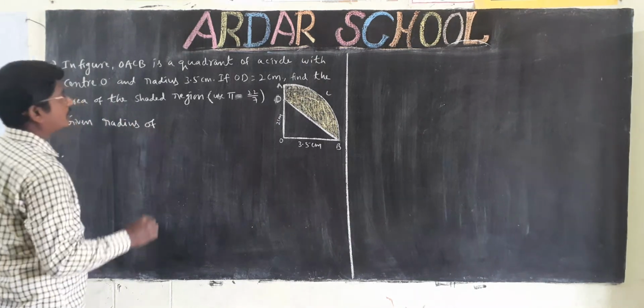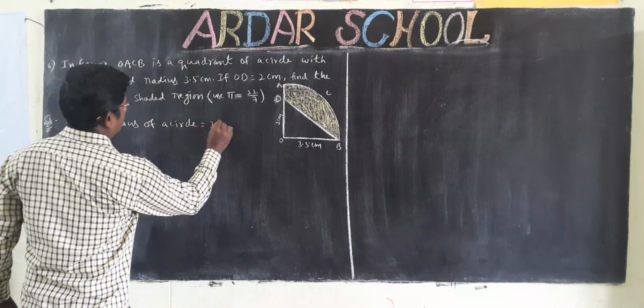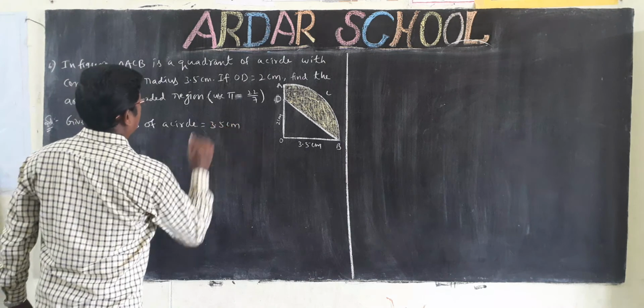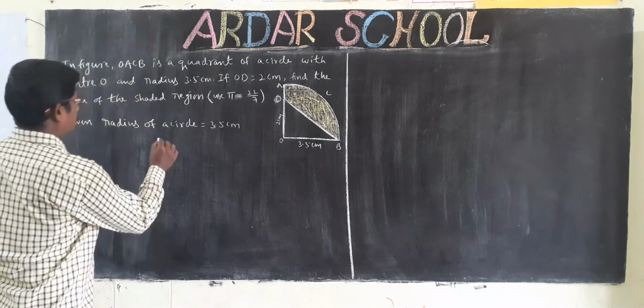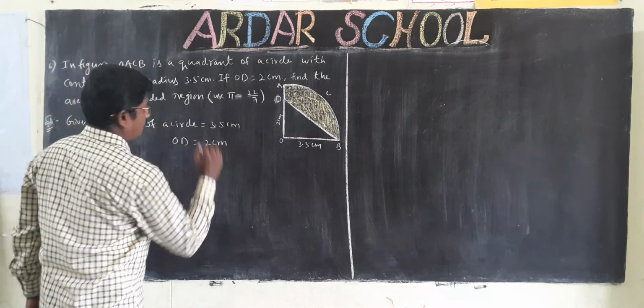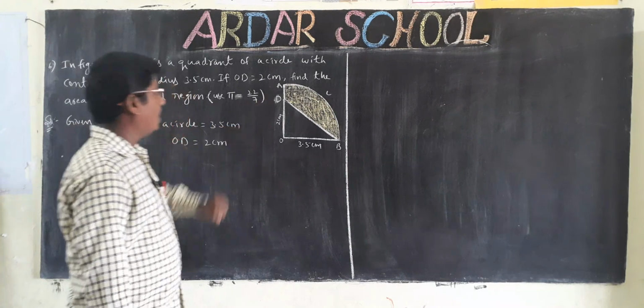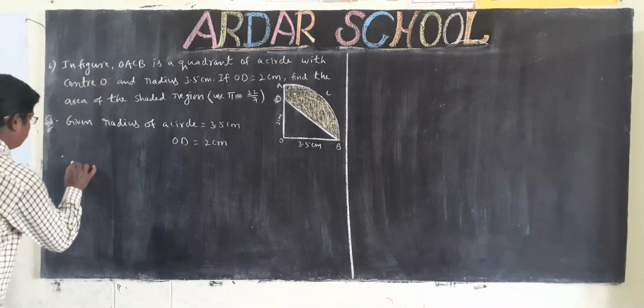Radius of the circle or quadrant is 3.5 centimeters, and also given OD is equal to 2 centimeters. Now we have to find the area of the shaded region.